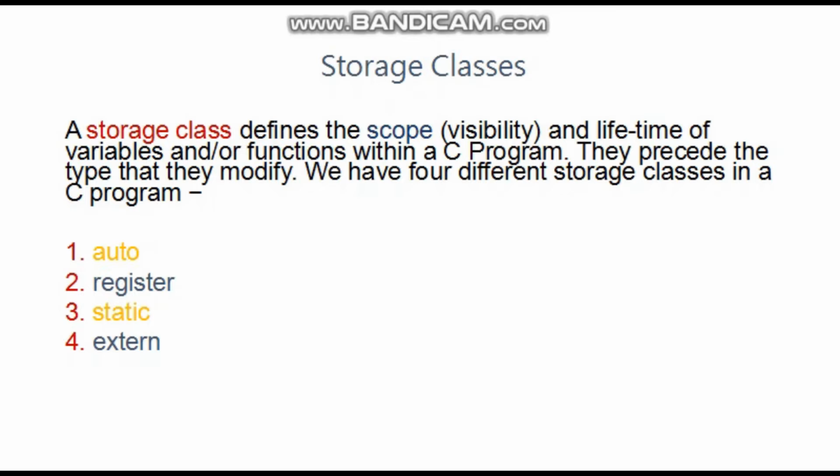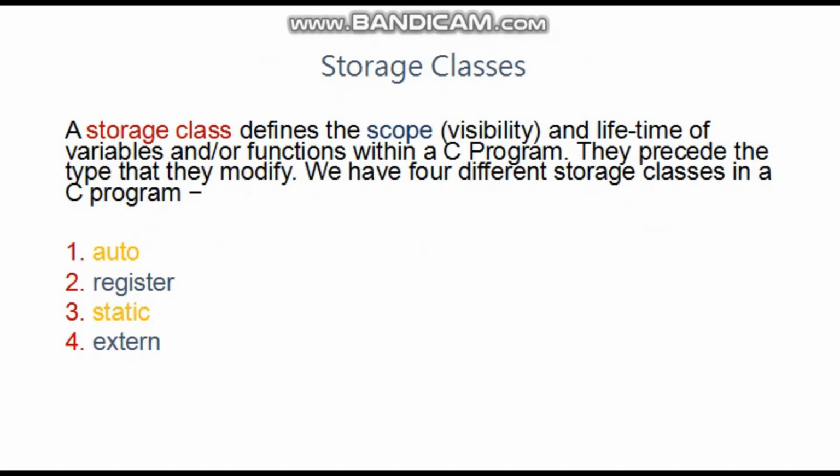Register. The register storage class is used to define local variables that should be stored in a register instead of RAM. 3. Static. The static storage class instructs the compiler to keep a local variable in existence during the lifetime of the program instead of creating and destroying it each time it comes into and goes out of scope.